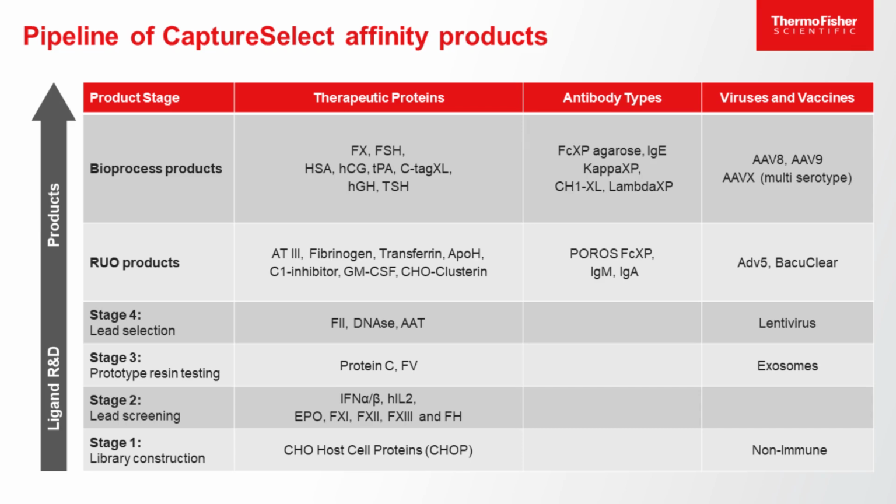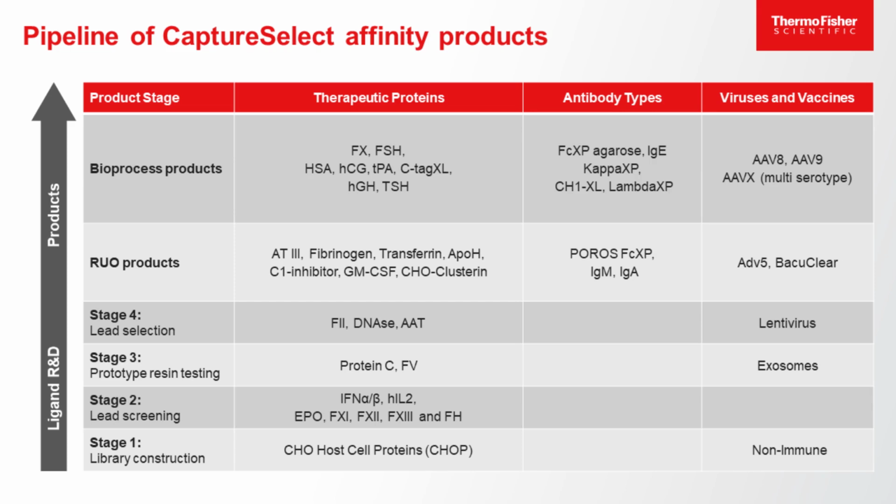On the right-hand side, our solutions for viruses and vaccines, predominantly now launched as GMP, the AAV product lines, but we are working on adenovirus, as well as lenti, as well as exosomes in that space. So really a snapshot of what we have in our pipeline.